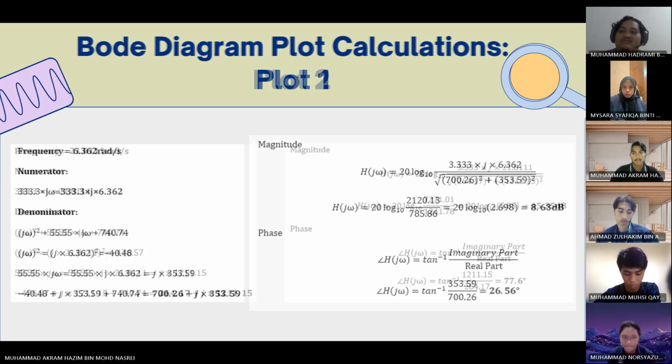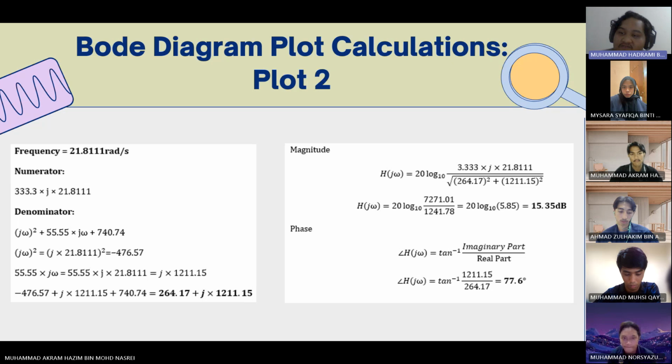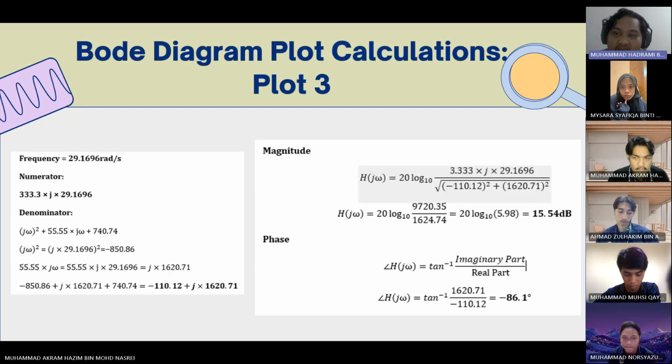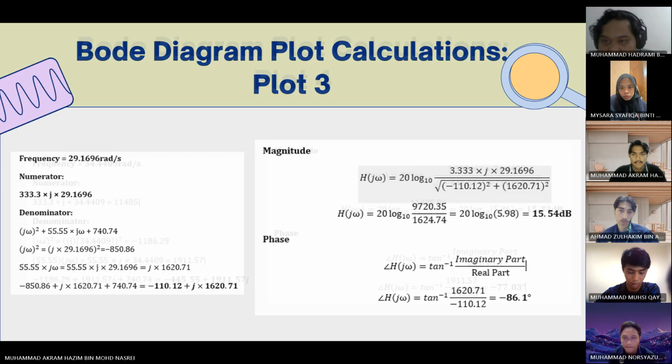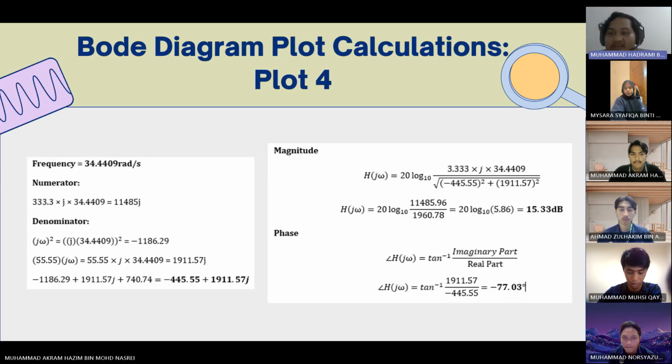For plot 2 we get 15.35 dB, and our phase is 77.6 degrees. For plot 3 we get 15.54 dB, and our phase we get negative 86.1 degrees. And for the last one, the magnitude we get is 15.33 dB, and for the phase we get negative 77.03 degrees.